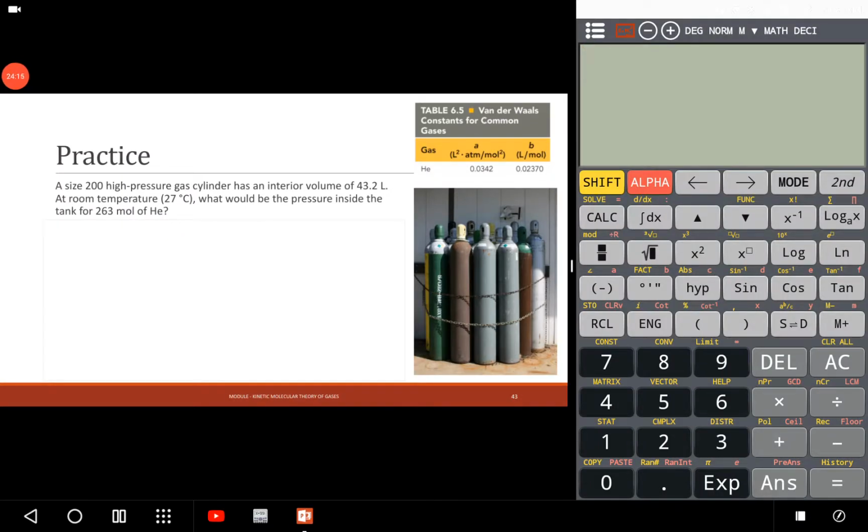Okay, here's a practice problem for you. Go ahead and pause the video and try to work out the pressure inside of a compressed gas cylinder. Unpause the video when you're ready to check your work. Okay, so a size 200 high pressure gas cylinder has an interior volume of 43.2 liters.